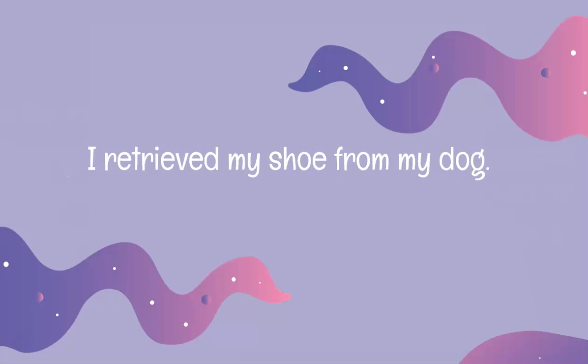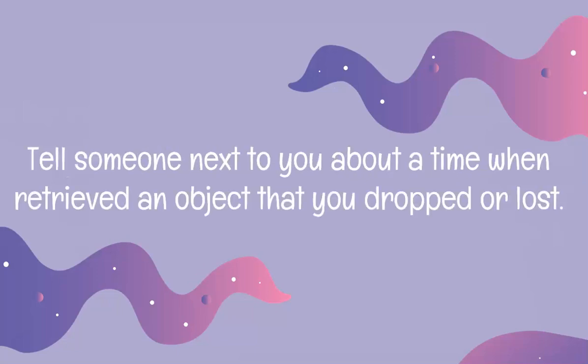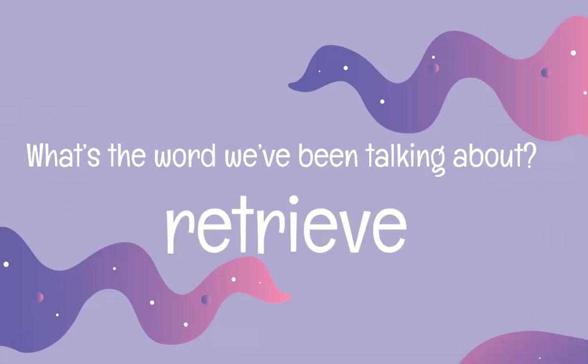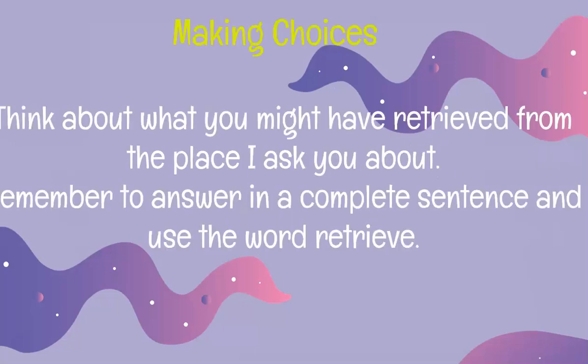I retrieved a ball from my dog. Think of a time when you retrieved an object that you dropped or lost. What's the word we're talking about? Retrieve. Think about what you might have retrieved from the place I asked you about. Remember to answer in a complete sentence and use the word retrieve.